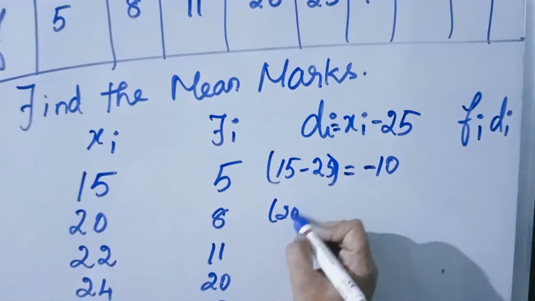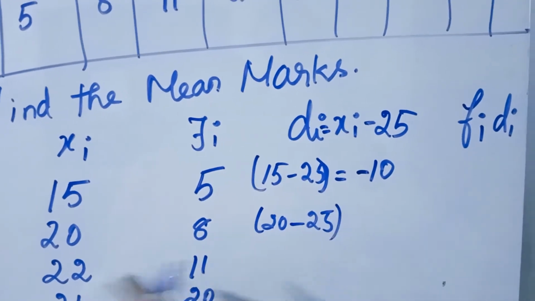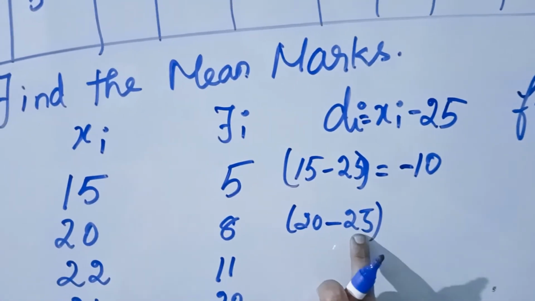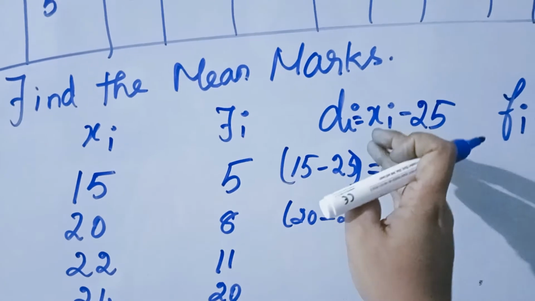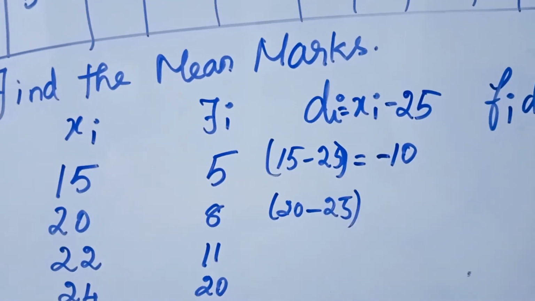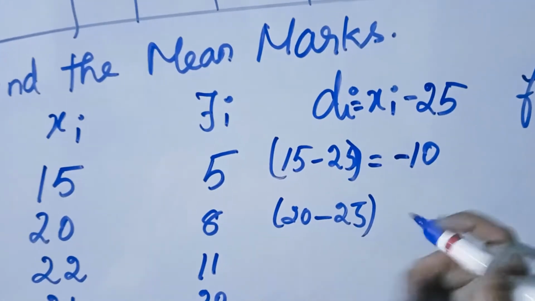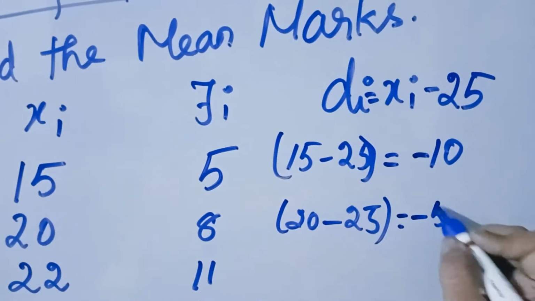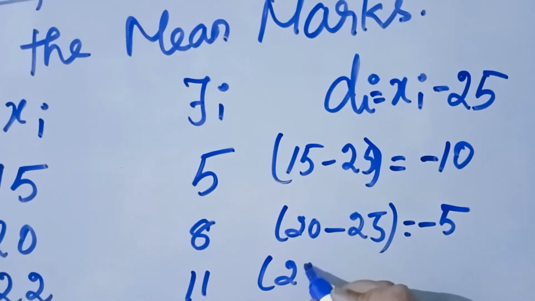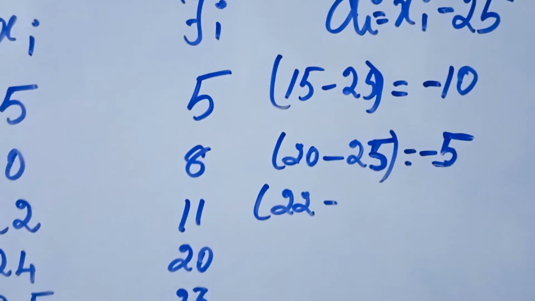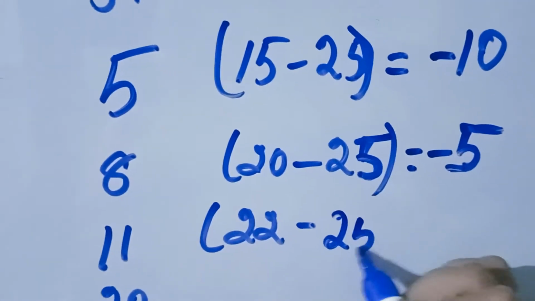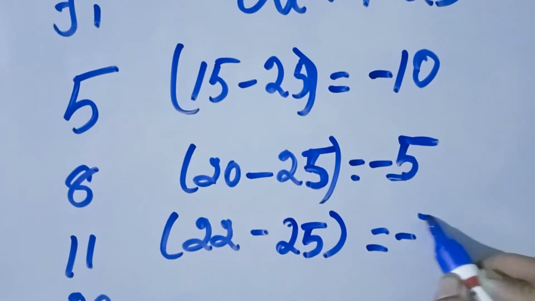Then 20 minus 25. I told you a is constant for all numbers, so you can subtract like this. 20 minus 25 is equal to minus 5. 22 minus 25 is equal to minus 3.